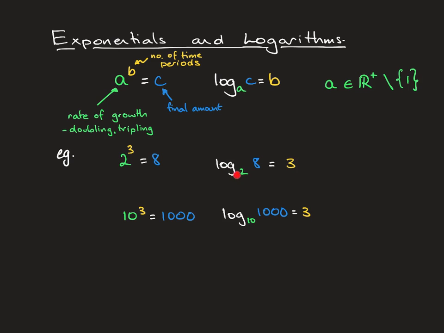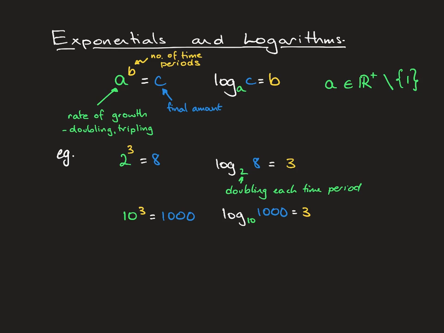So for our log equation here, if something is growing at a base rate of 2, so it's doubling every time, and you end up with a quantity of 8, how long did it take, how many time periods were required to reach that quantity of 8 if it was doubling each time? And this one you can read as, if the quantity is multiplying by itself 10 times for each time period, and you end up with 1,000 of them, how many time periods was that?